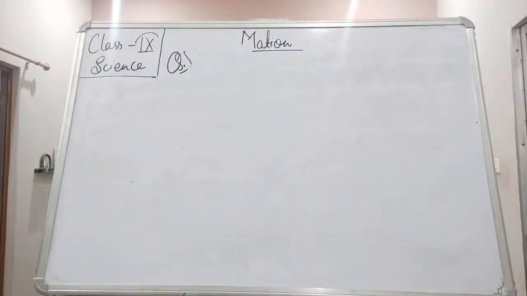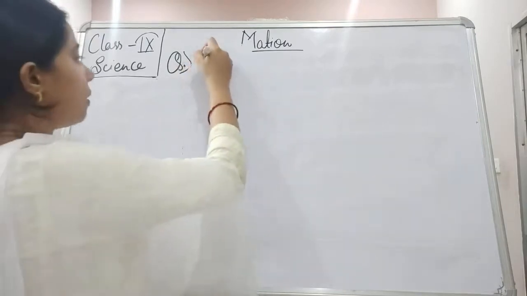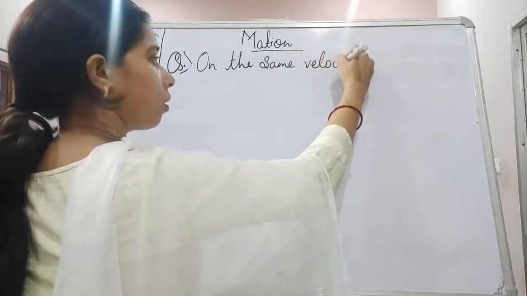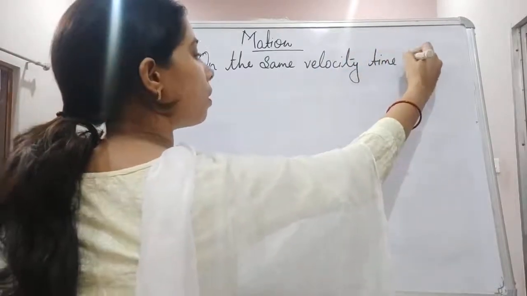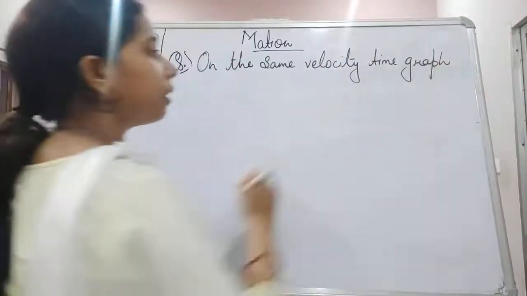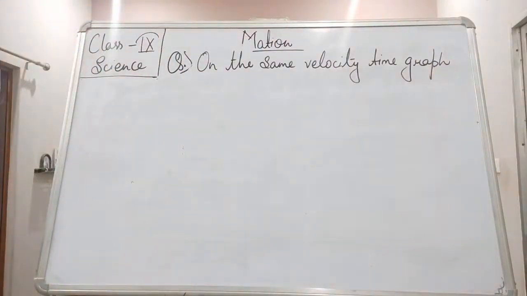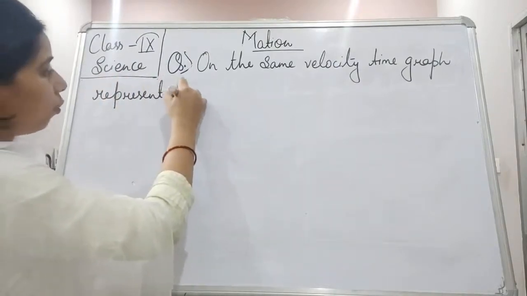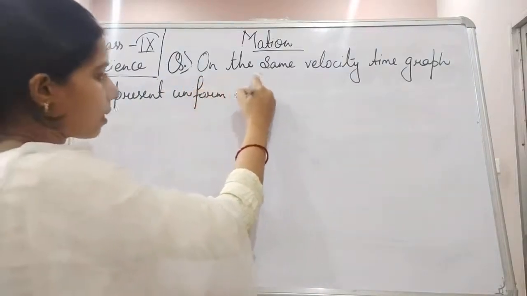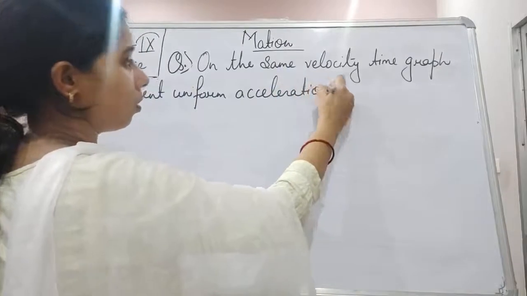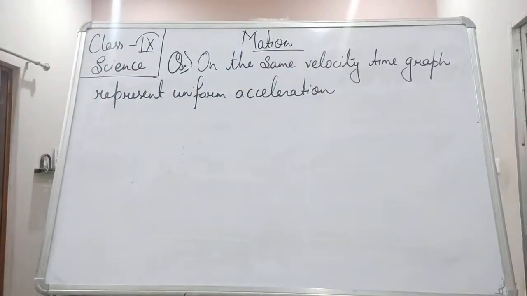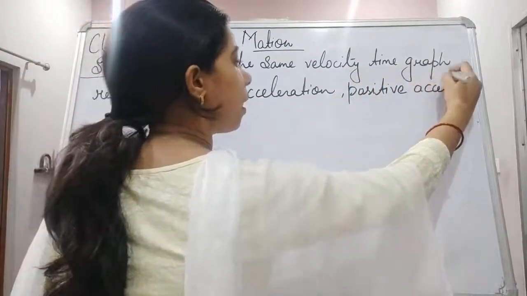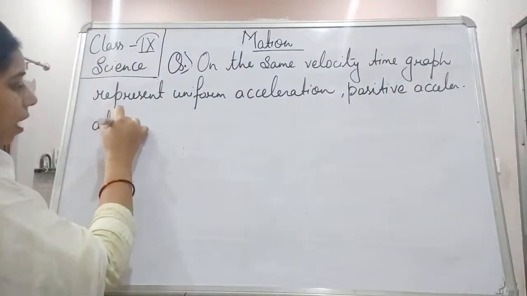You can see here, the question is: on the same velocity time graph, represent uniform acceleration, positive acceleration and negative acceleration.